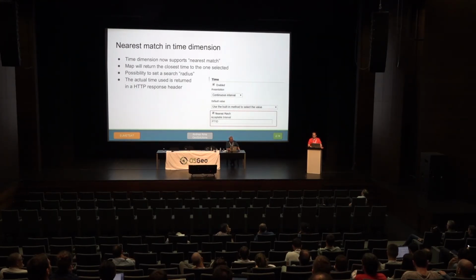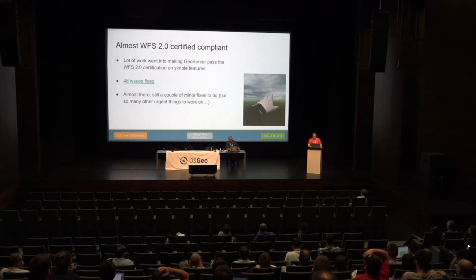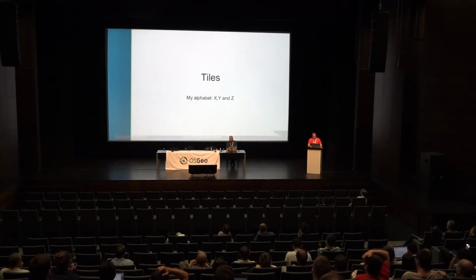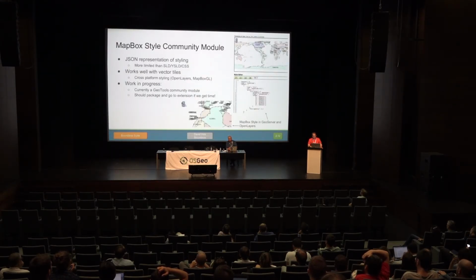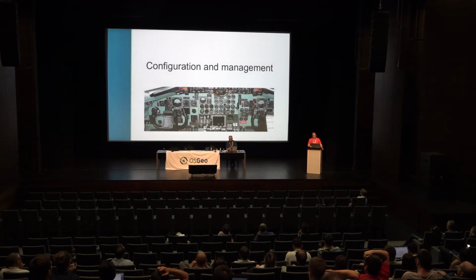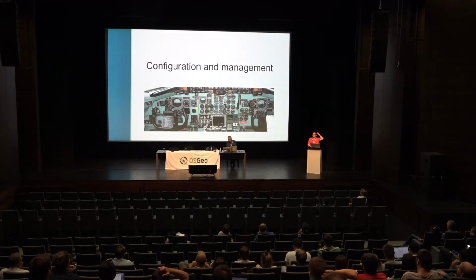I know they were working on it, but right now you can't. You can only use GeoTIFF, but I think they are working on it. Actually, let me check the slide. I'm pretty sure they were working on an improvement to also support ImageMosaic, and so on. But it will be better if you can ask this question afterwards to Andrea, because I'm not fully aware of the status of that project.